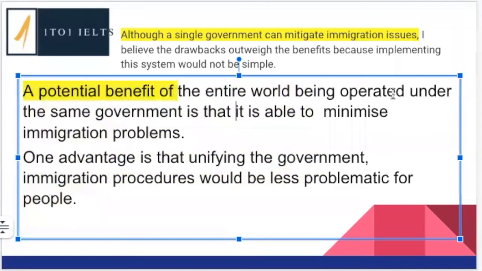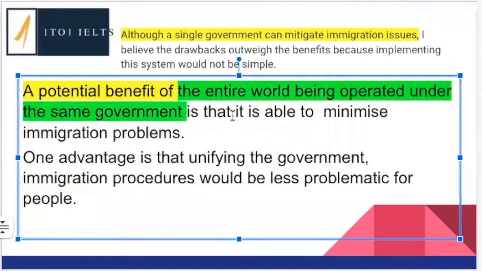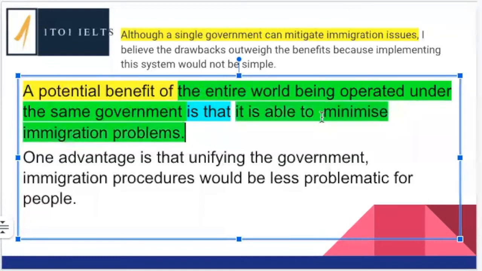The entire world being operated under the same government. Excellent. Colors right, is that. See how easy it is. If we just follow the structure, everything kind of fits into place. It is able to minimize immigration problems. Minimize immigration issues. Okay. Yeah, excellent. Well done. You guys are doing really well today.